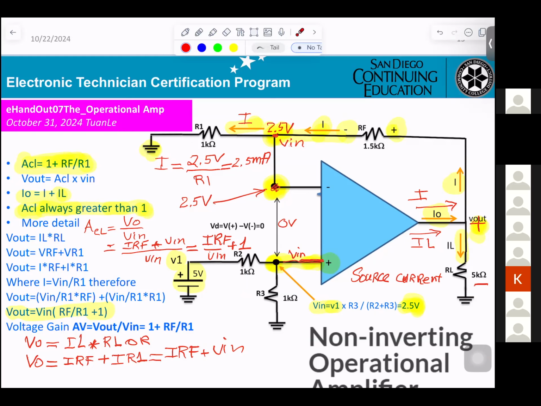The only thing I want to make sure is that when you look at the circuitry, you know it is a non-inverting amplifier. Second, when using V in, the voltage must be connected directly to the positive input of the op-amp. Normally they give you that voltage, or you can use a voltage divider to calculate V in.